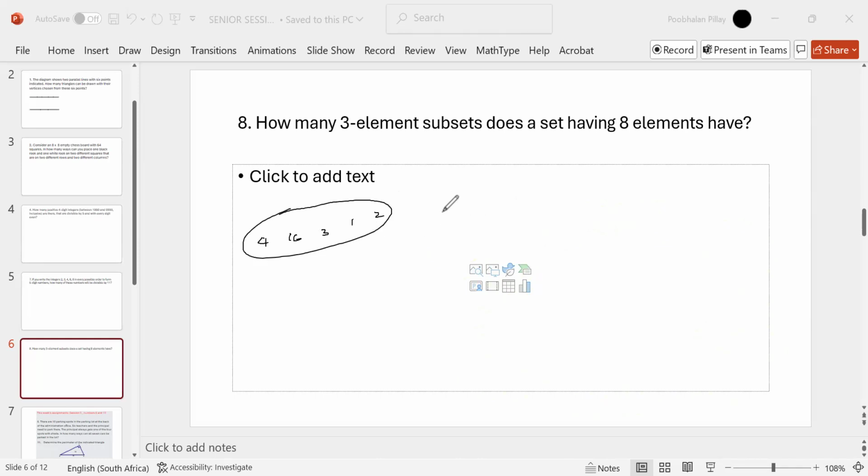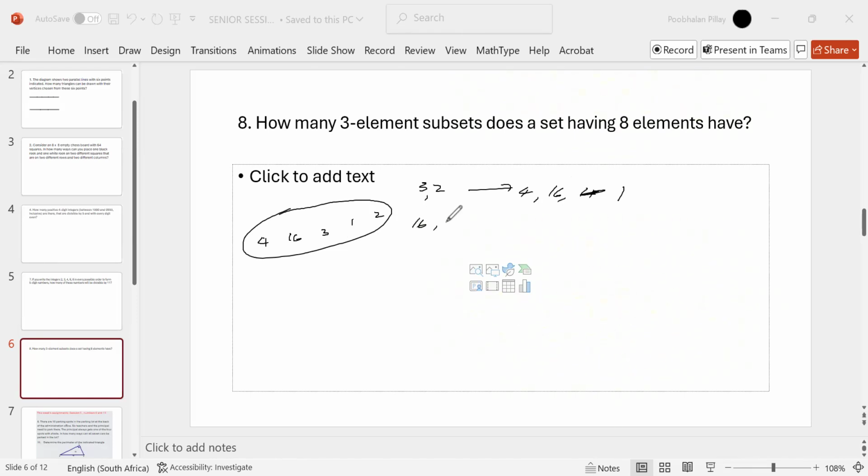For instance, if I write down the 2-element subset 3, 2, then if I take that out from there, I've got 4, 16, and 1. So every time I have a 3-element subset, if I take the complement, the remaining parts, that's the 2-element subset.